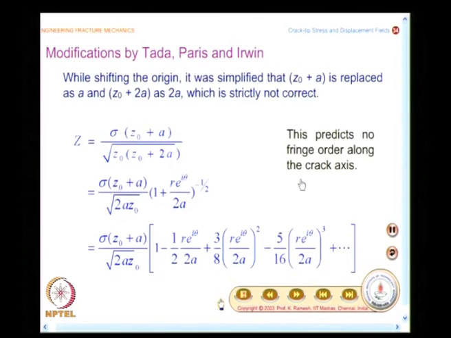You put in a better type of mathematics, then what you find is, though it is not shown here, the observation is when you look at the maximum shear stress, this predicts no fringe order along the crack axis. That means it is not useful. So, a modification in the mathematics alone has not resulted in arriving at an improved solution.